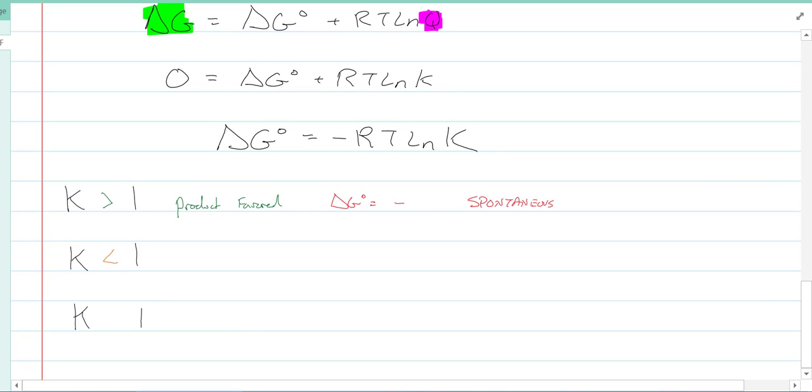K can be less than 1, which is reactant favored. And delta G standard will be positive, non-spontaneous.